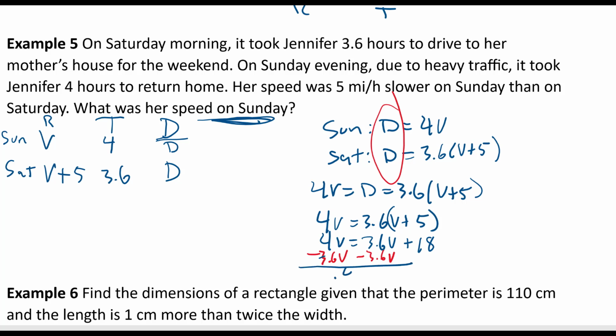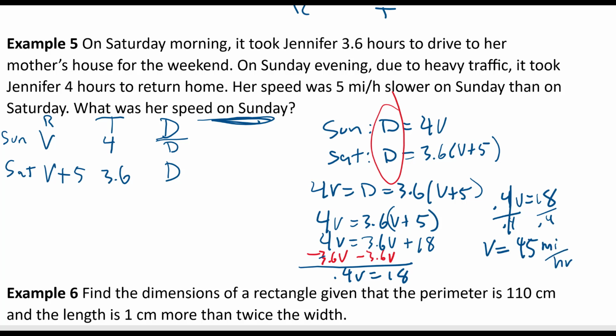And we have 0.4V equals 18. So we divide by 0.4. And V would be, as I get my calculator out, 18 divided by 0.4. 45 miles an hour.